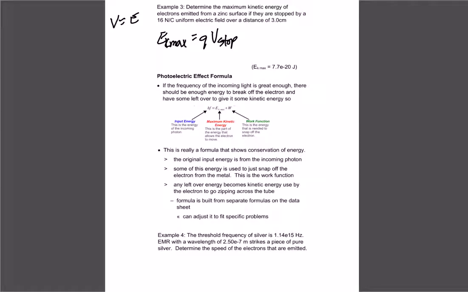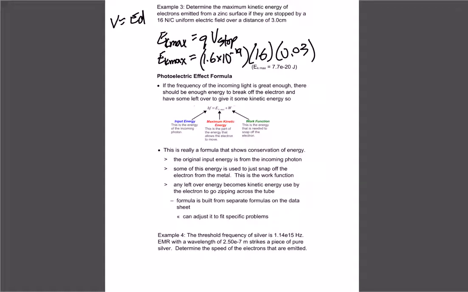It's electric field equals voltage over distance, so voltage will equal electric field times distance. So we just have to do that in our formula. So our EK max would be charge of an electron times electric field, which is 16, and times our distance of 0.03 in meters, and that gives us the total energy that those electrons have.